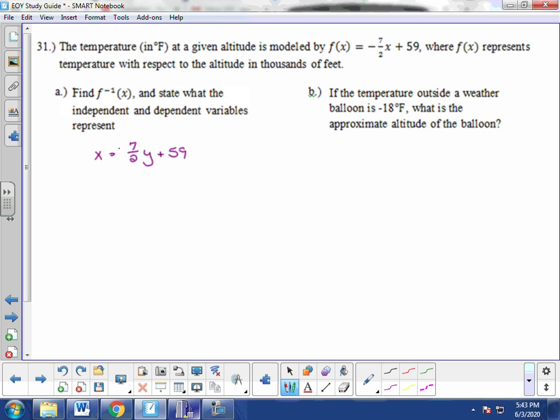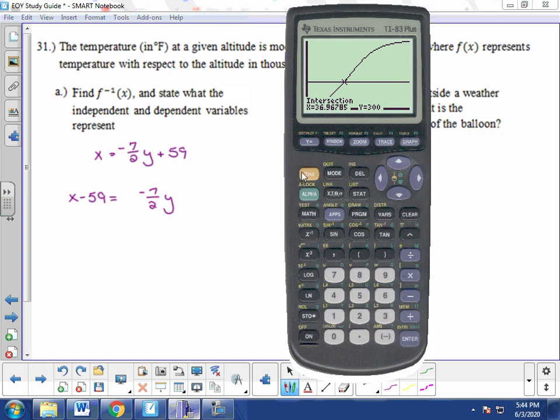So the first thing that we would do here is subtract 59. So x minus 59 equals negative 7 over 2 y. Sorry, all over the place here. And then we would divide by negative 7 over 2 or multiply by negative 2 over 7.